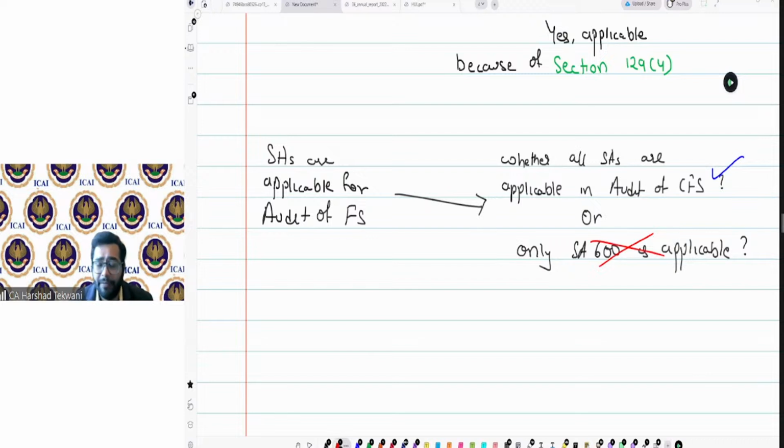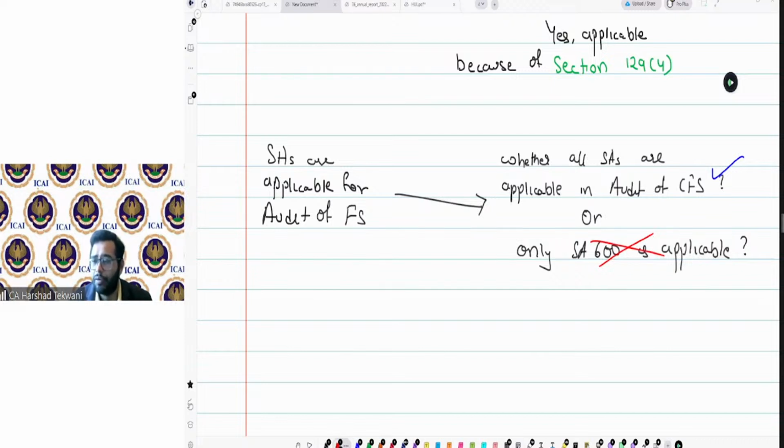SA 580 management representations, 570 going concern, 560 subsequent events, 550 related parties. All things are required to be followed in the way they are required to be followed for audit of a normal financial statement.